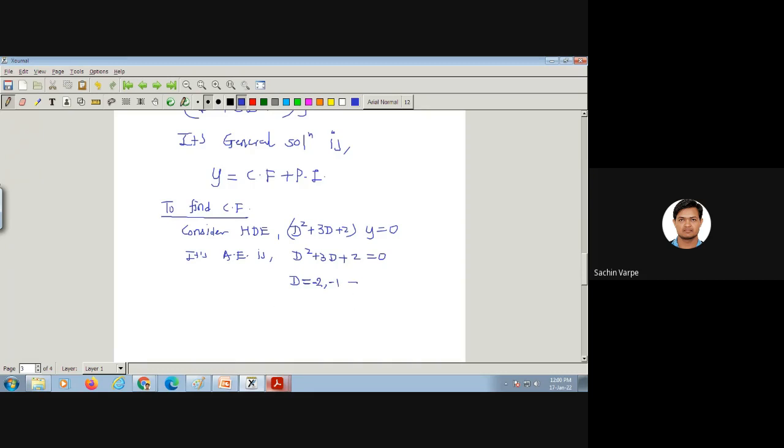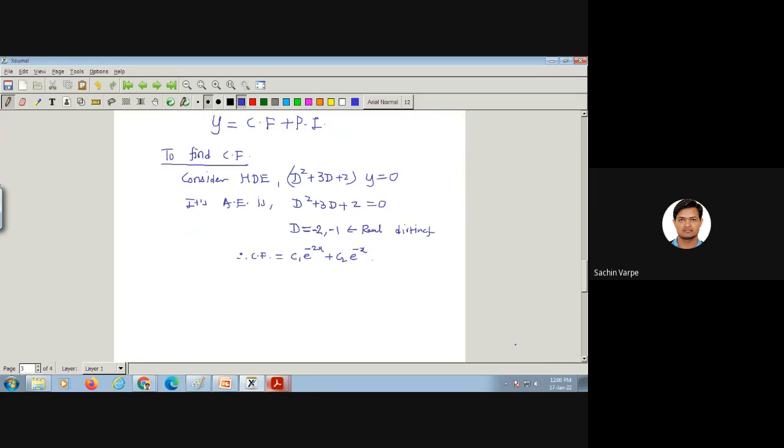So the roots are real and distinct. So we know the formula to write the complementary function. In case of real distinct roots, CF is equal to C1 e to the power minus 2x plus C2 e to the power minus x, or you can write C1 e to the power minus x plus C2 e to the power minus 2x. Clear to everyone about the complementary function?